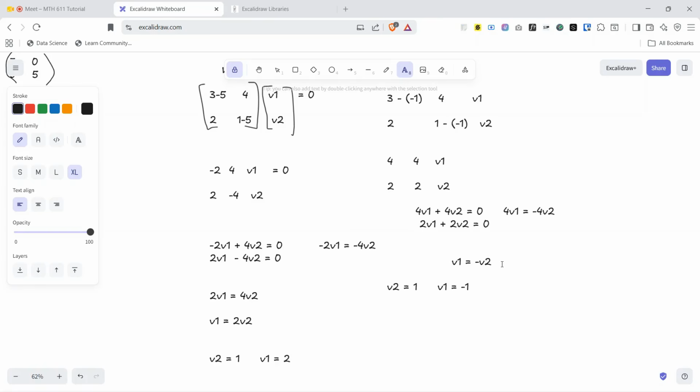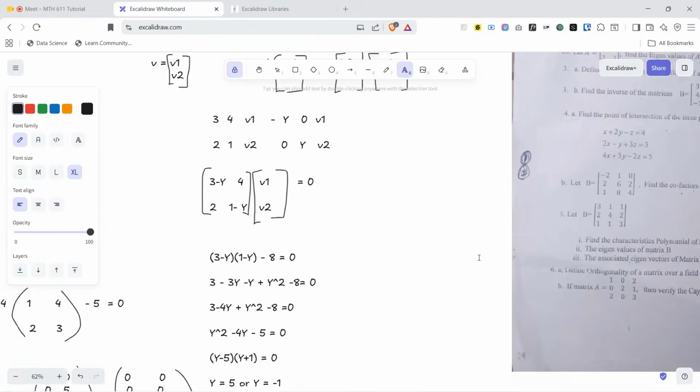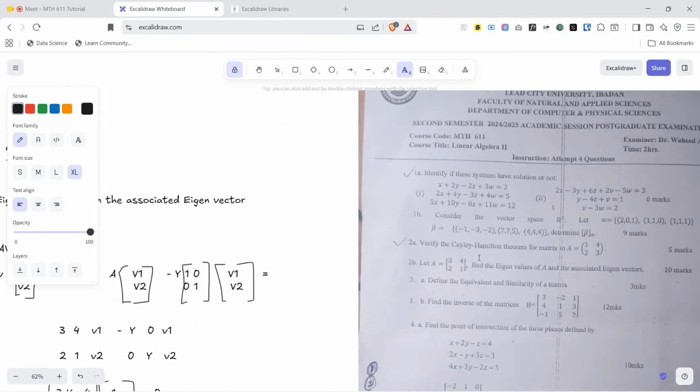Anyways, this is going to be the eigenvector that we would have. We'll have v1 here 2, v2 here 1, for each situation. That's question 2b.